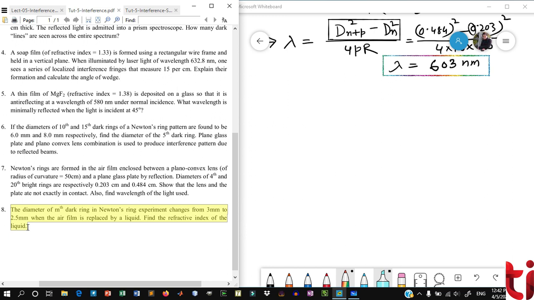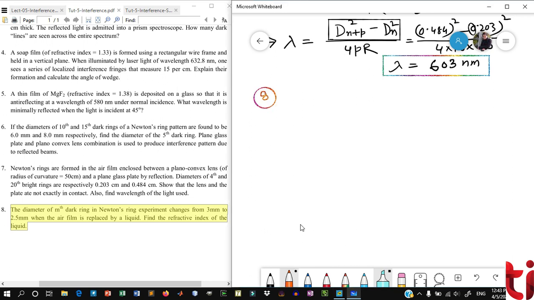The question number 8 reads, the diameter of the mth dark ring in Newton's ring experiment changes from 3 mm to 2.5 mm when the air film is replaced by a liquid. Find the refractive index of the liquid. So we have this Newton's ring setup.